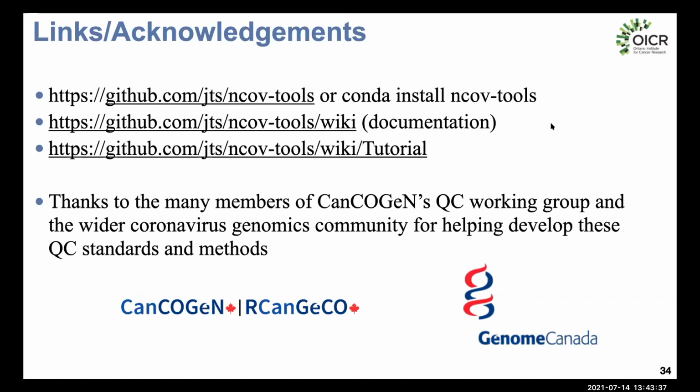Sure. So early on, and I think they've been updating it throughout the pandemic, Nicola De Maio and his collaborators, I think he's in Nick Goldman's group, developed essentially a list of problematic sites, so positions of the reference genome that look to be frequently miscalled.